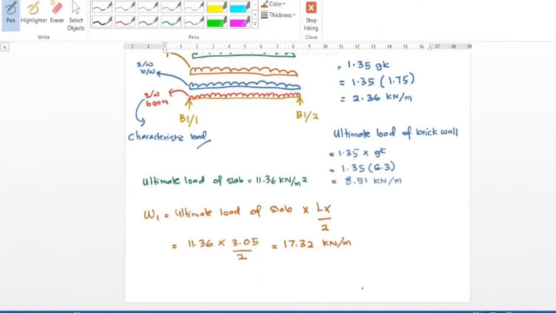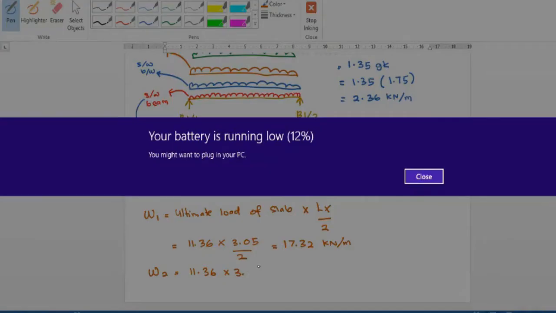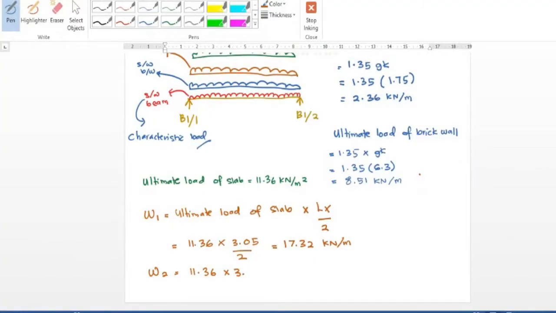Next, W2. Again, for W2 the ultimate load of slab is 11.36, times Lx for W2, which is 3.66 over 2.